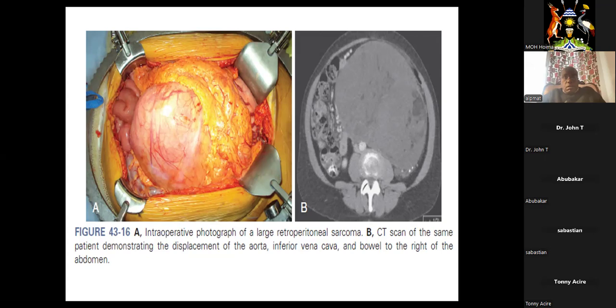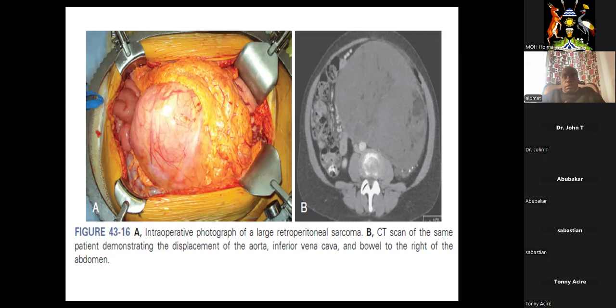The peritoneum is a very thin layer of mesothelial cells, but it is supported by a fibrous layer, and it is divided into the visceral peritoneum and the parietal peritoneum.